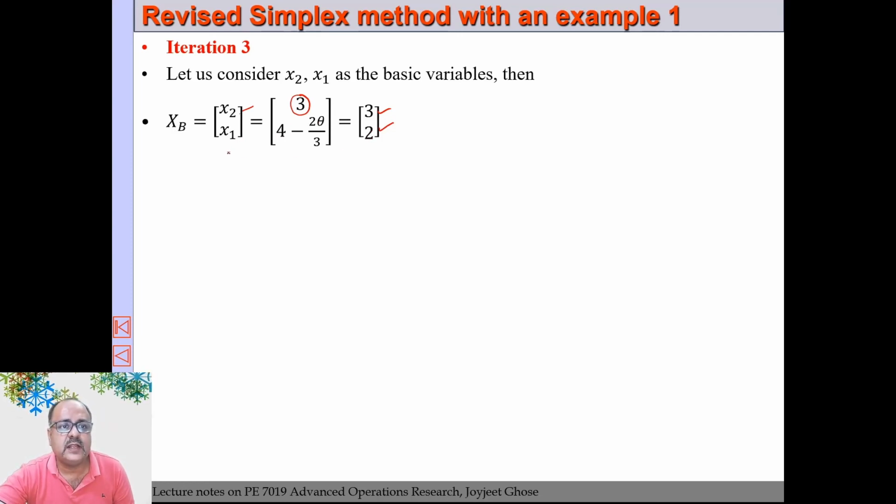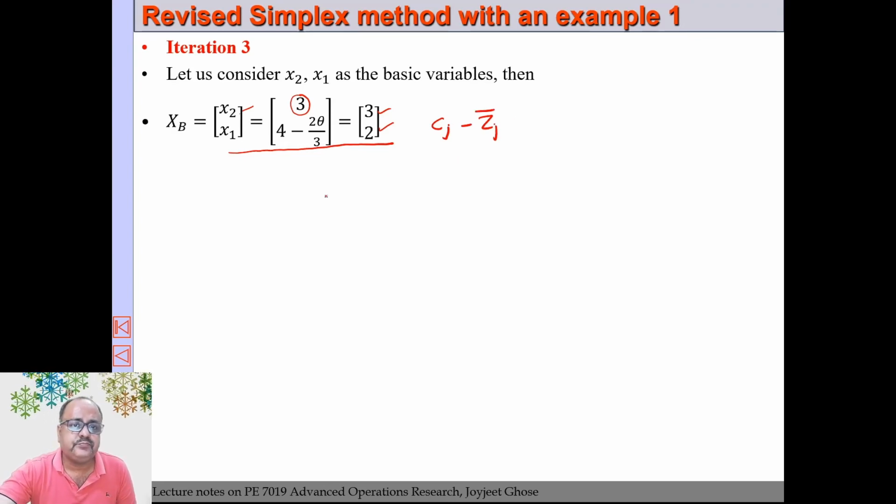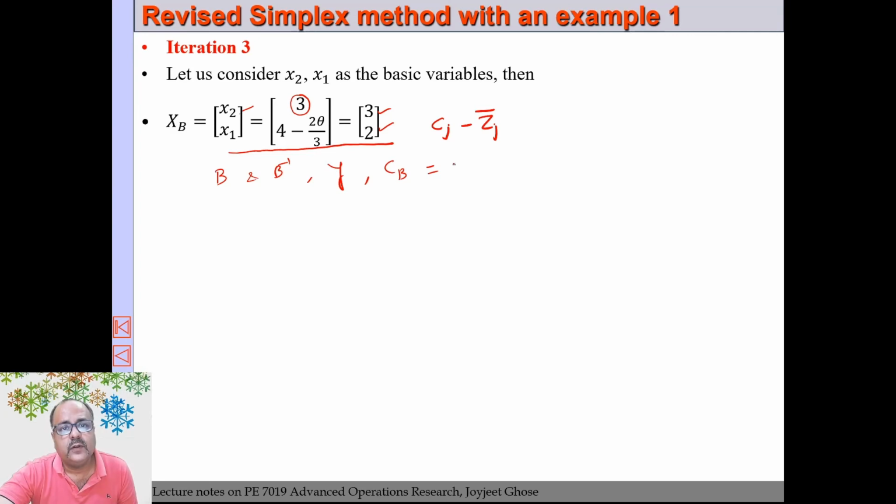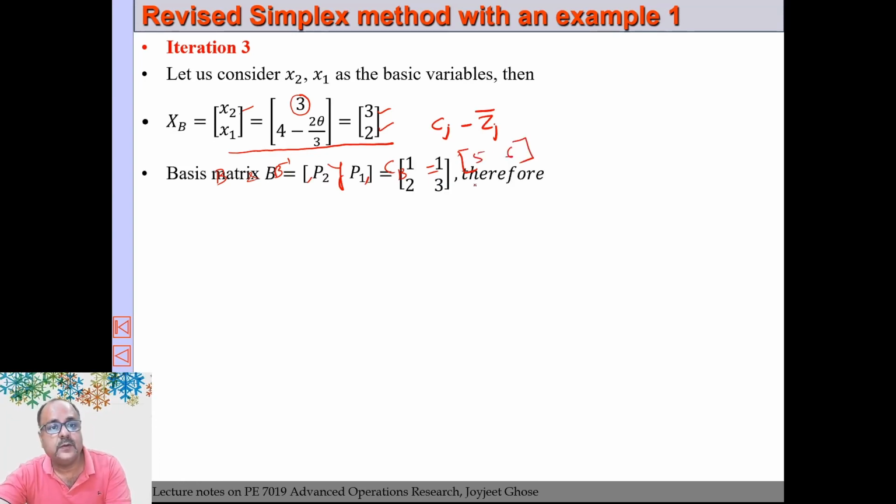Now we have to check whether this is an optimal solution or not. To check this, we have to find out the Cj minus Zj bar. So we require B, B inverse, Y and Cb. Now Cb consists of the coefficient of x2, which is 5, and of x1, which is 6. So Cb will be 5, 6.